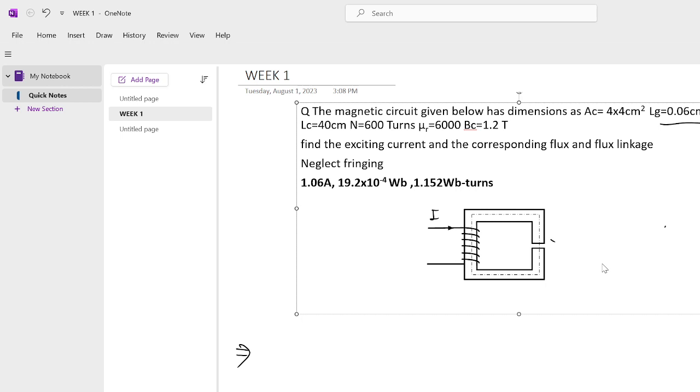Yes, sir. Should I start with the solution? Yes. Okay. Suppose this is N number of turns, and you know the relation for MMF. What is MMF? Magnetomotive force is equal to flux into reluctance, similar to V equals IR.